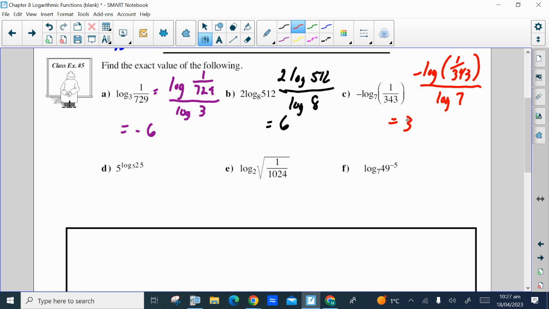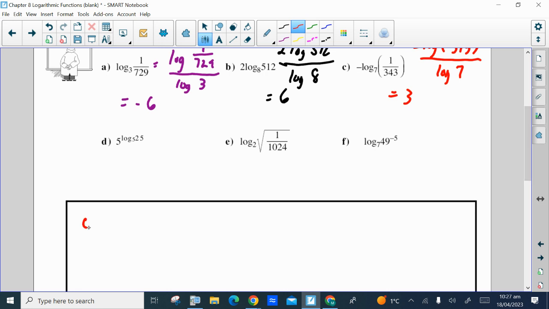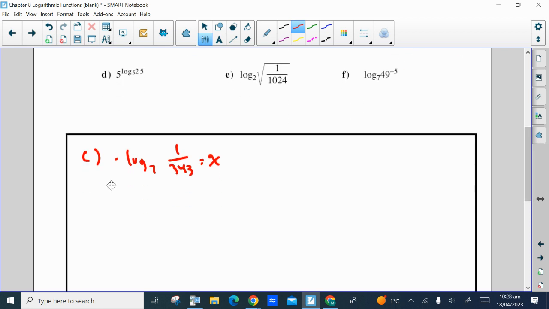So if you did this manually, negative log base 7 of 1 over 343. If we want to know what this is equal to, we'd let it equal x. So this is asking 7 to what power is 1 over 343.